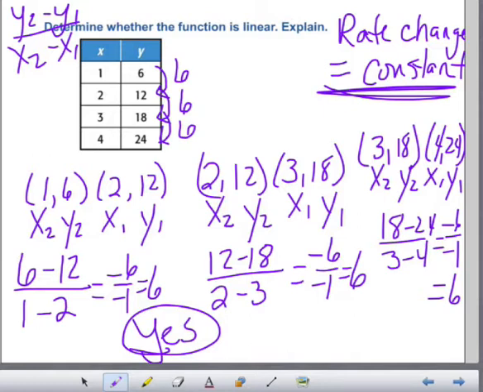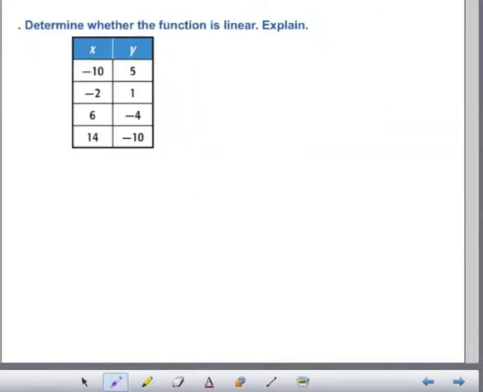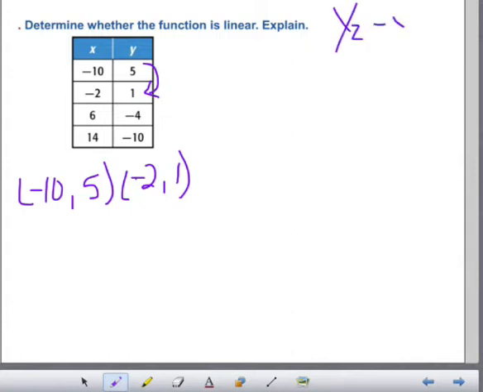Okay? Now, look at this one. Doing the same thing. Determine whether the function is linear. So I'm going to start and go from this pair to this pair. So I've got negative 10, 5, negative 2, 1. Remember my formula, y2 minus y1 over x2 minus x1. Let's label them up here.